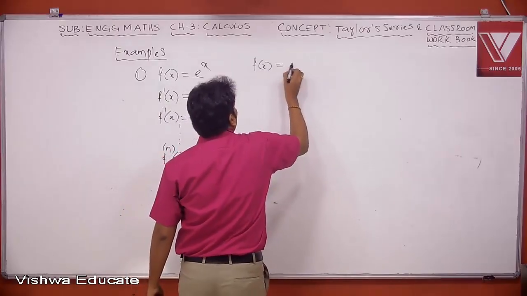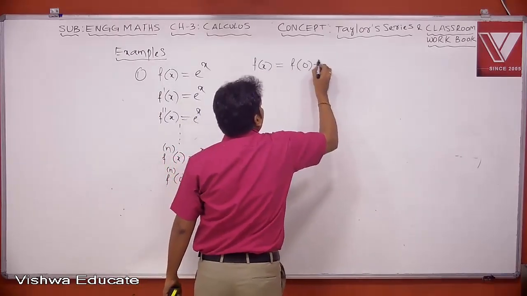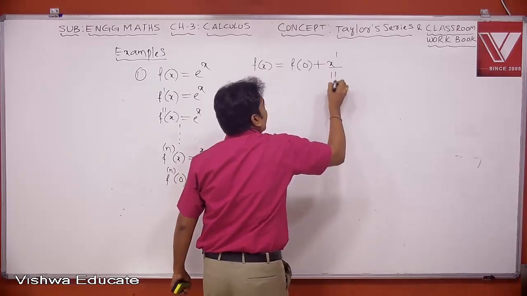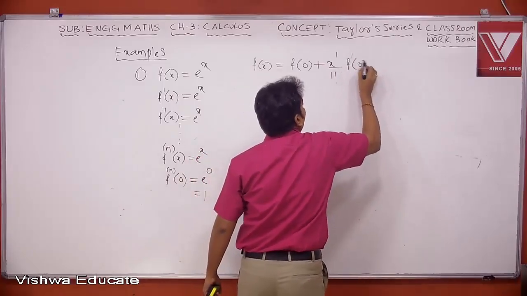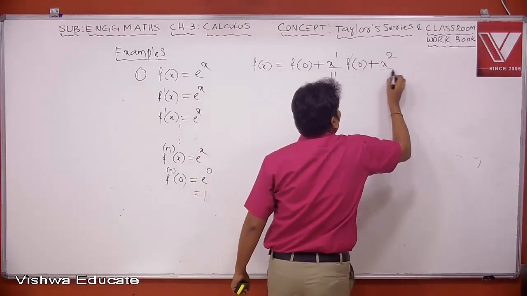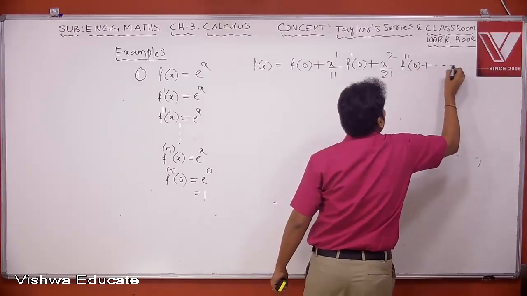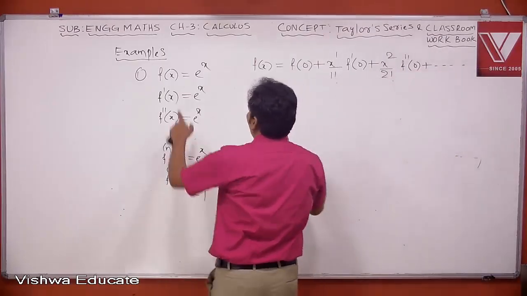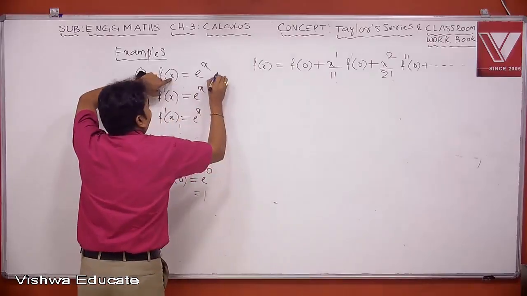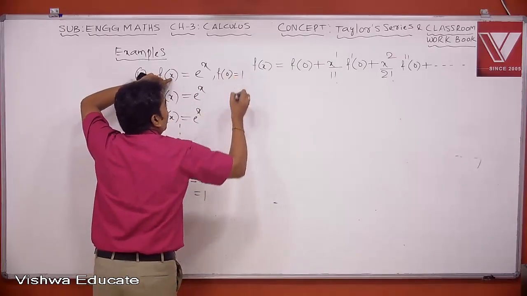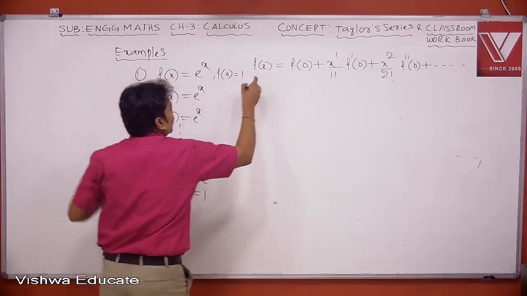f of x equal to f of 0 plus x power 1 by 1 factorial into f dash of 0 plus x square by 2 factorial into f double dash 0 plus and so on. Now what is f of 0? Here f of 0 equal to 1. What is f of x? e power x.